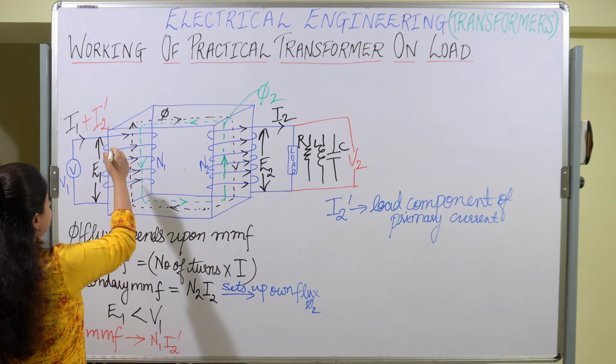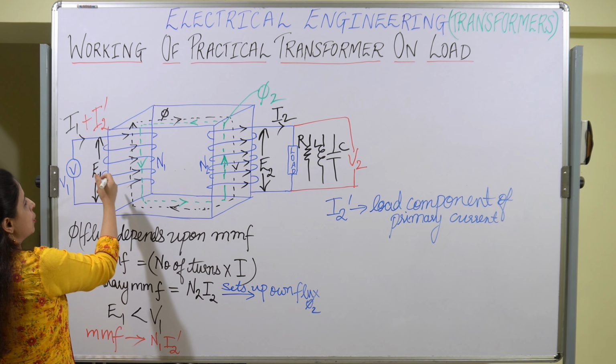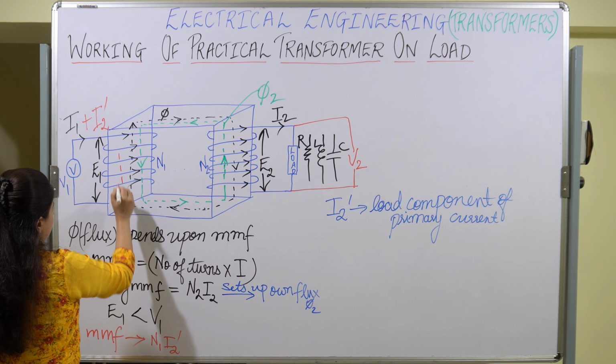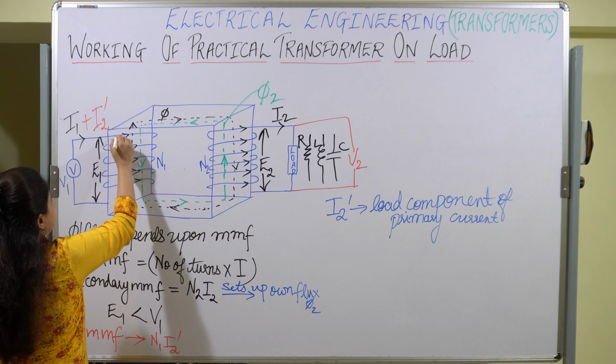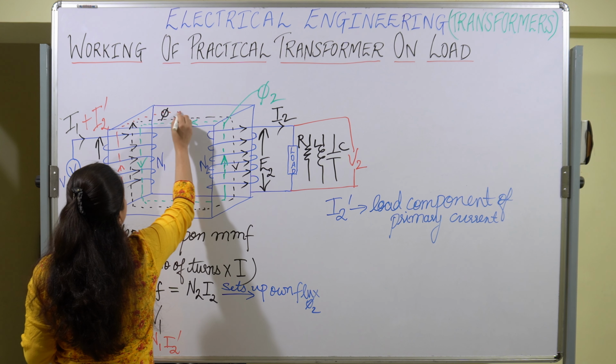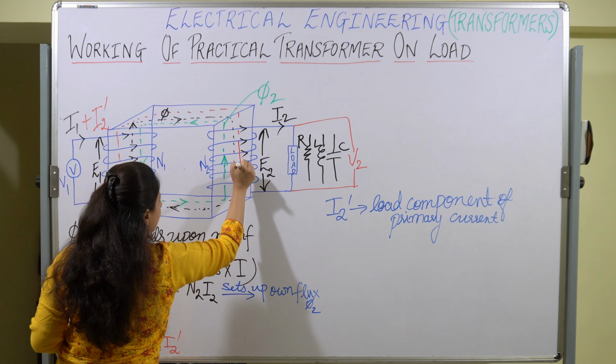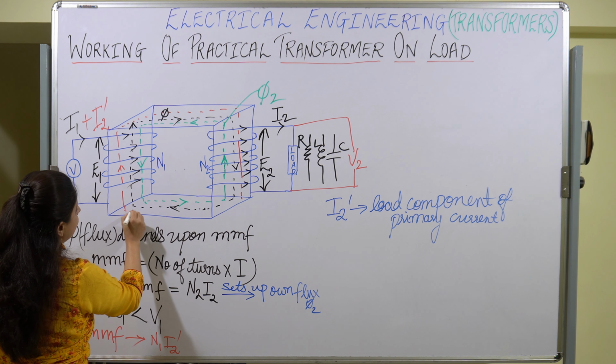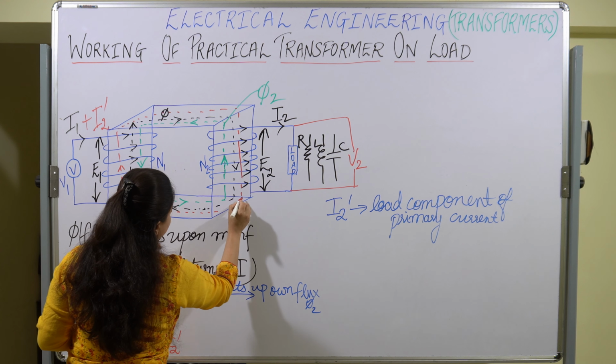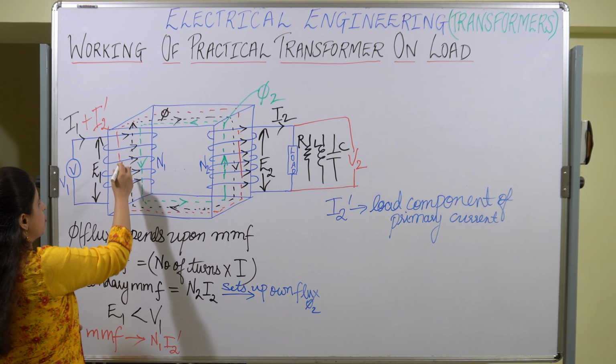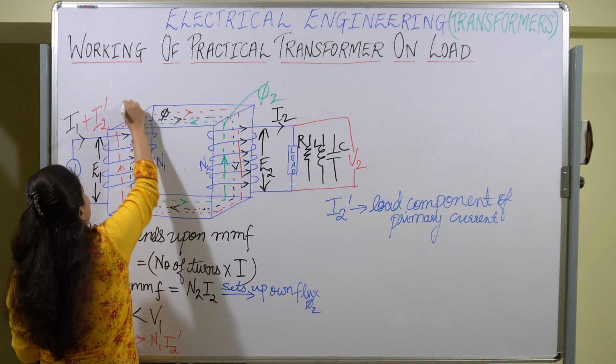That flux direction is again upwards, and we are naming it phi 2 dash.